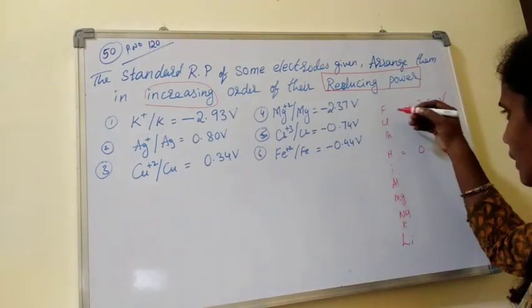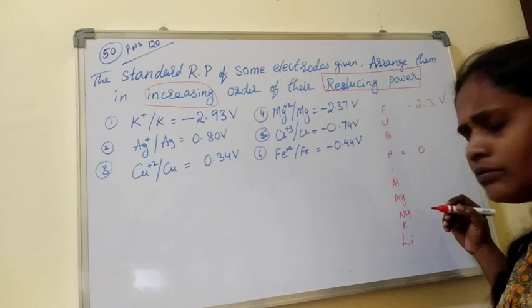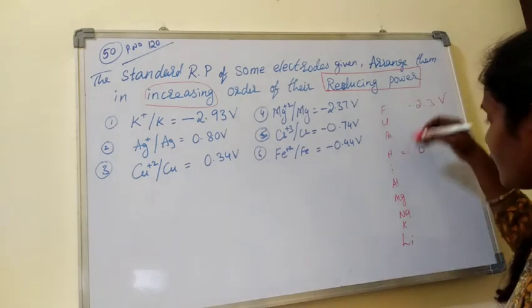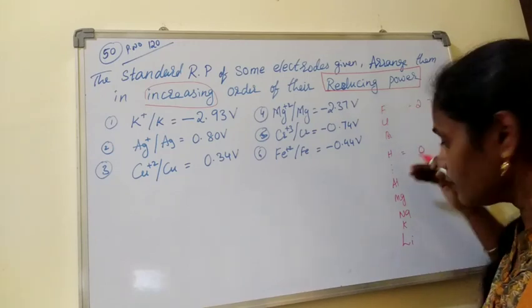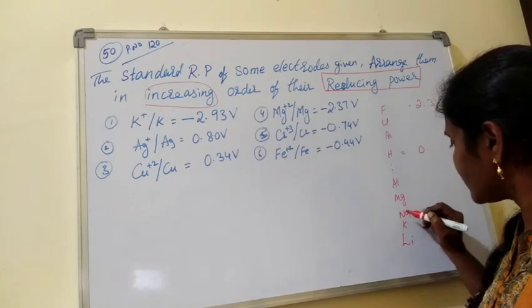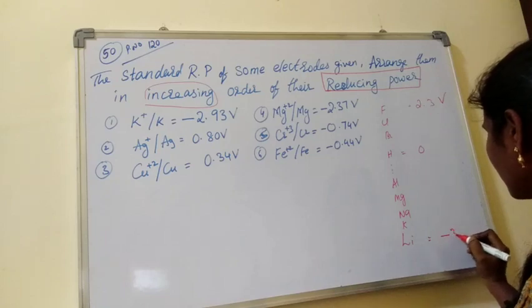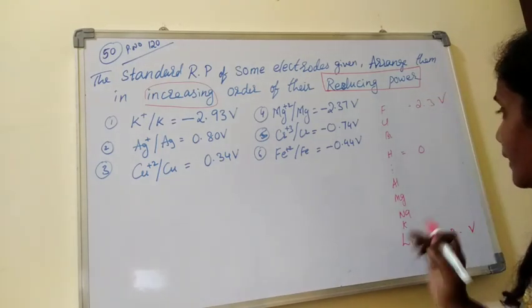You have to at least remember some short form or hints to identify how they are. As I told, first non-metals will come, and in the middle hydrogen is coming, then later strong metals, and last first group elements, second group elements, third A group elements will come. The lithium will have minus 3 point something volts as the reduction potential.